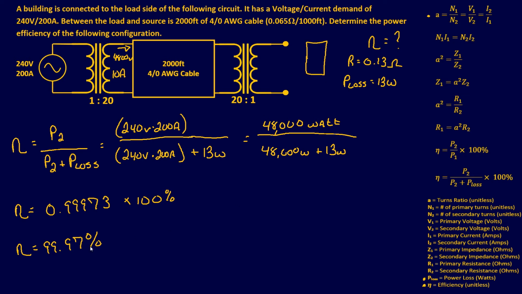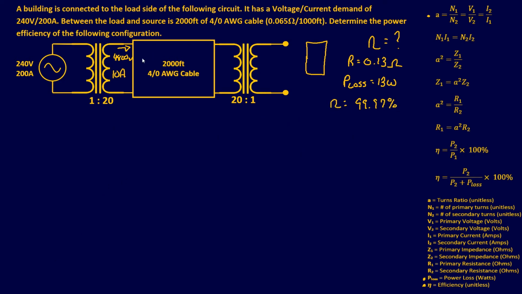So with this answer, we already determined it's 99.97%. We'll write it right there just so I can show you why. Let's say we omit these transformers completely. We leave the cable and we don't even have a step-up and a step-down transformer. We're going to have 240 volts at 200 amps go through this cable.